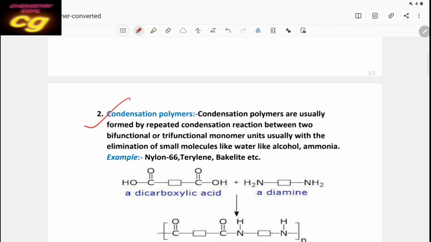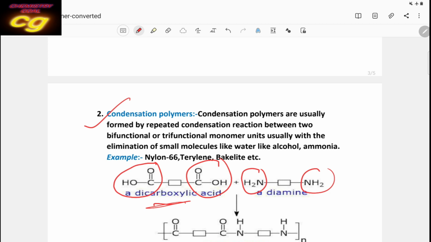For example, this monomer has a dicarboxyl group, one carboxyl group, another carboxyl group. This is the main chain having two carboxyl groups, and this is an organic compound having two functional groups, an amino group and another amino group. So this is called dicarboxylic acid, this is called diamine.